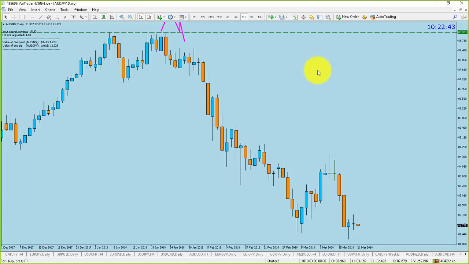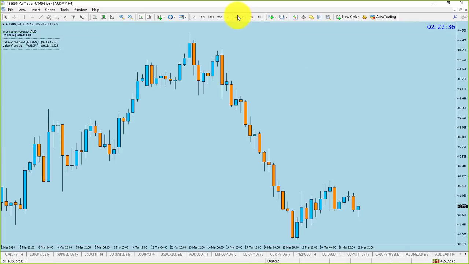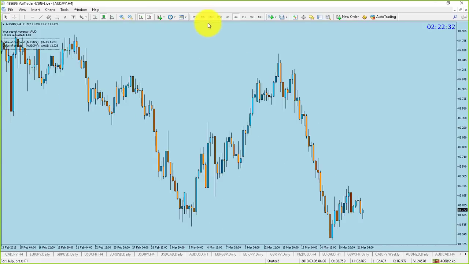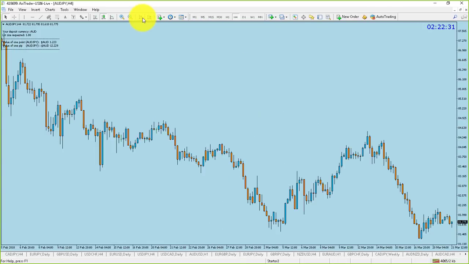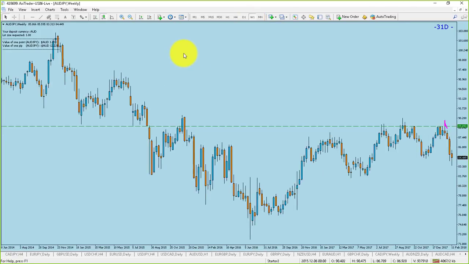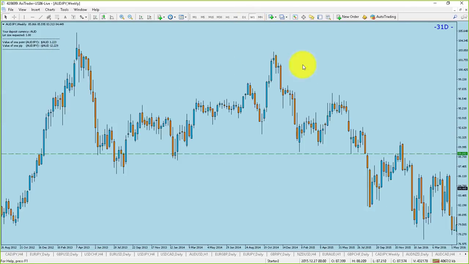Wow, that Aussie yen was a good one, wasn't it? Let's see here. Maybe a weekly. See if we can find a nice weekly.